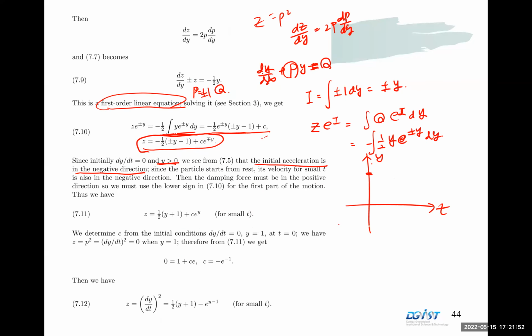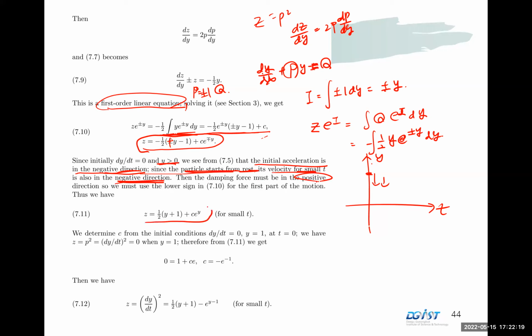This is kind of a spring problem, so they try to accelerate toward the origin, the negative direction. So the particle starts from the right and the velocity for small t is also in the negative direction. So the damping force must be positive, so we choose the plus sign.